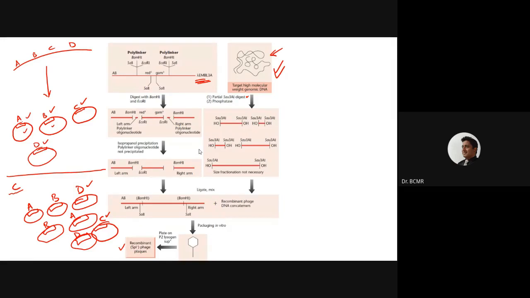Why did we choose Sau3A? Sau3A I, I think its sequence is GATC. That is the site it recognizes and it cuts, and it is a 4 base cutter. So 4 into 4 into 4 into 4, I think it's around 1,000 bases or so, 1 kb. It cuts about, is that right or am I wrong?